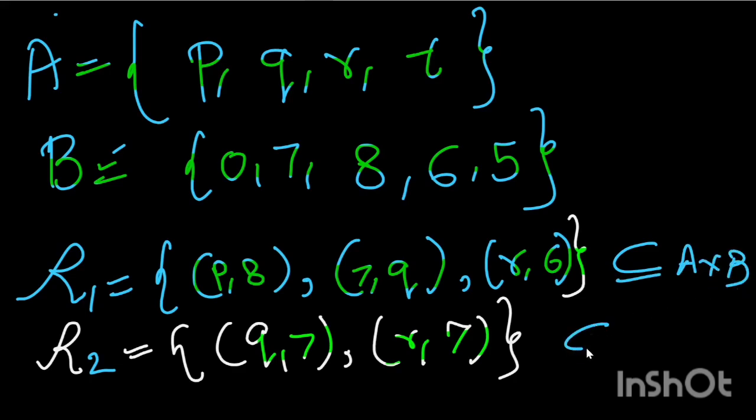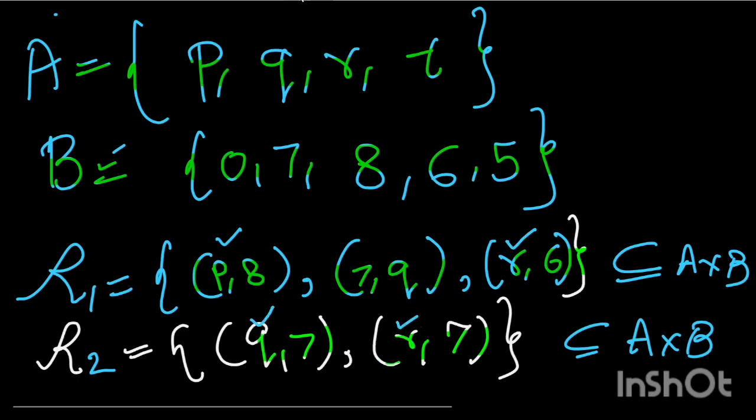Why, guys? Because the first element, you see, P, R, and QR, this seems to be a bit wrong, guys. 7Q, it should be Q7.